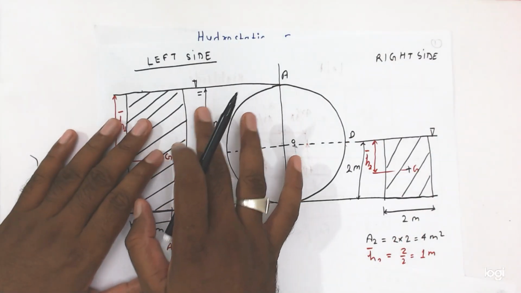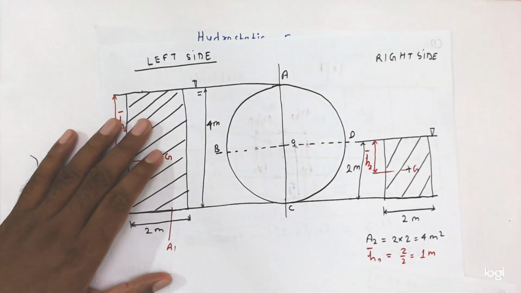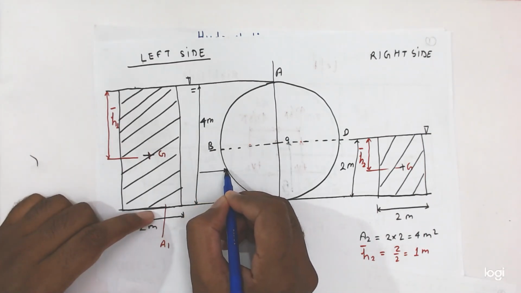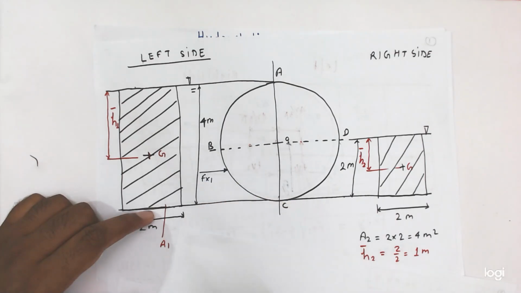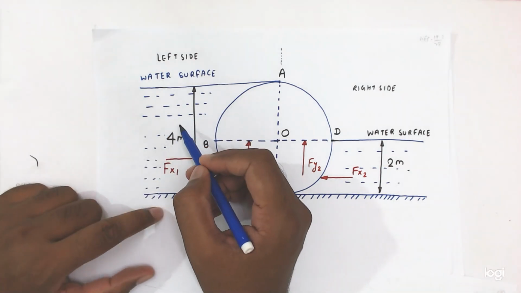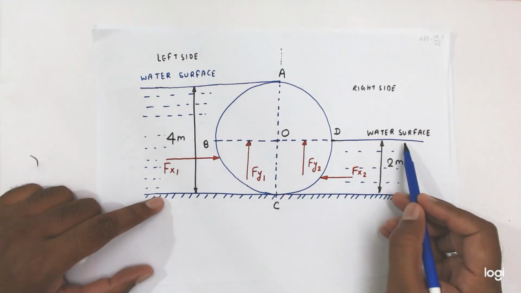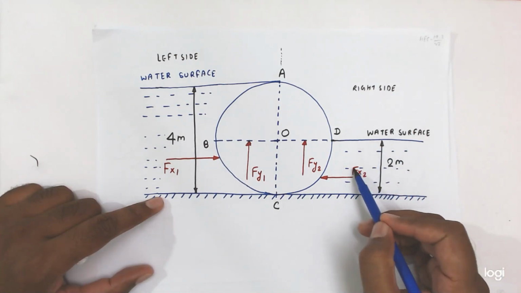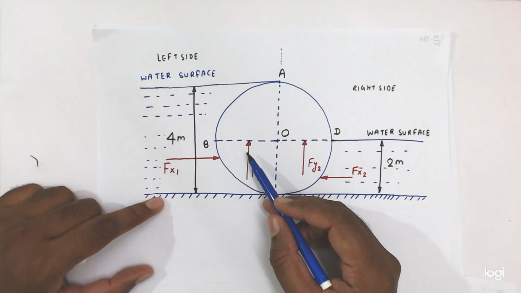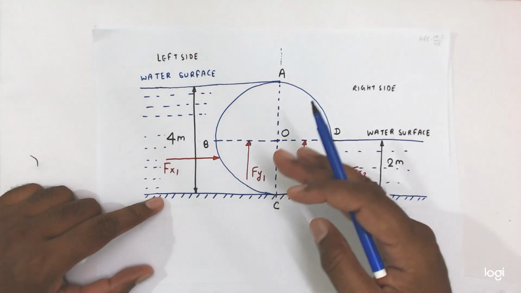Due to the left side liquid, Fx1 will work in this direction, and because of the right side liquid, the horizontal component of force is working in this direction. And vertical components of force Fy1 and Fy2 both will work in the upward direction.